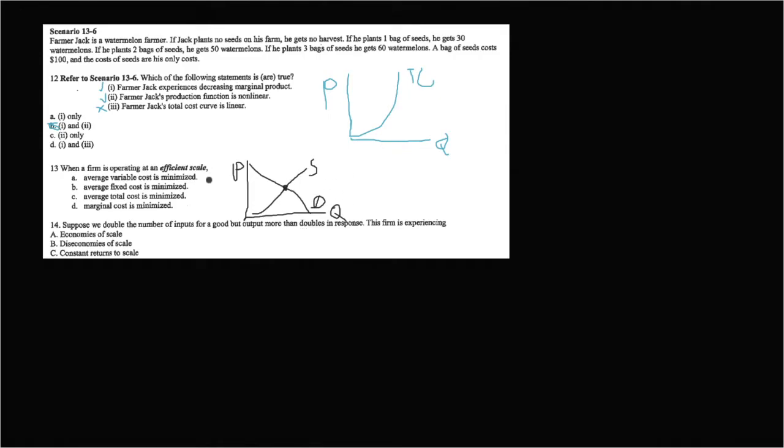Or we could say it's when marginal social benefit equals marginal social cost. We want to operate at an efficient scale. So which of these would do that?